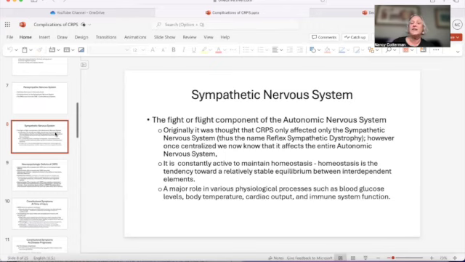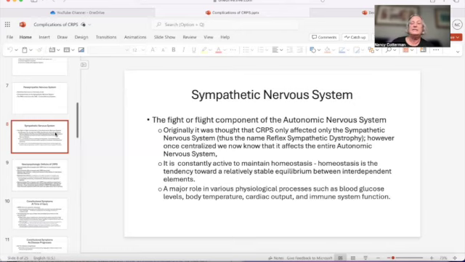Originally, it was thought that CRPS affected only the sympathetic nervous system, and that's why it was previously named reflex sympathetic dystrophy. However, once CRPS is centralized, we now know that it affects the entire autonomic nervous system.